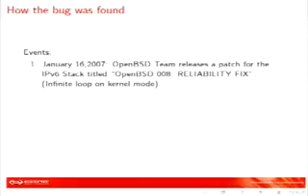In fact, it was a denial of service. It was not exploitable, so we started to try to craft an attack for this bug. So the bug, in fact, was an infinite loop in the kernel.